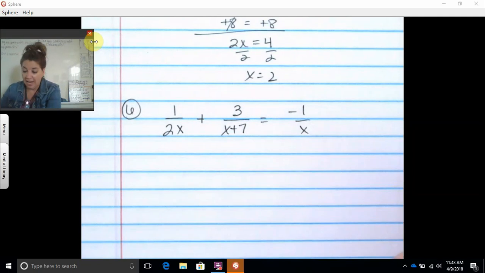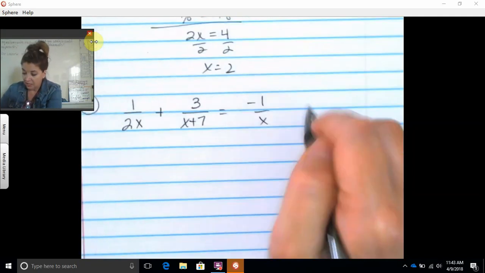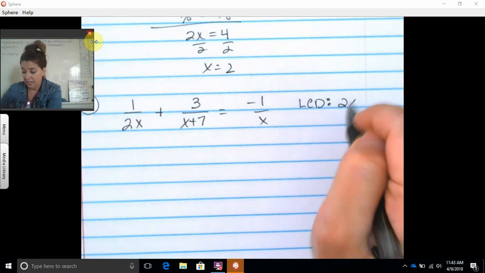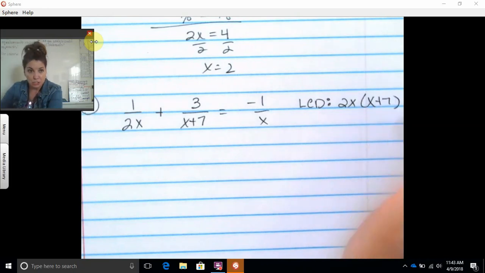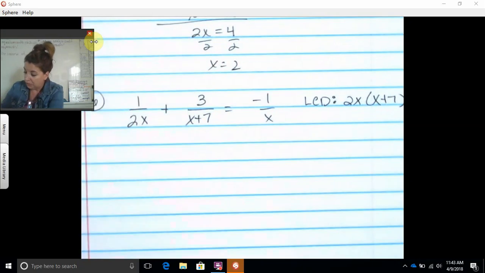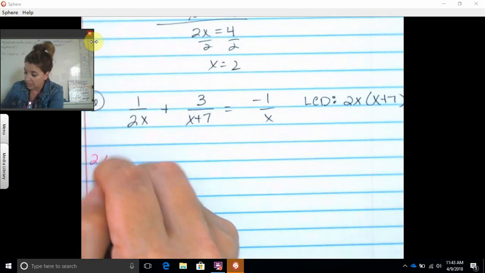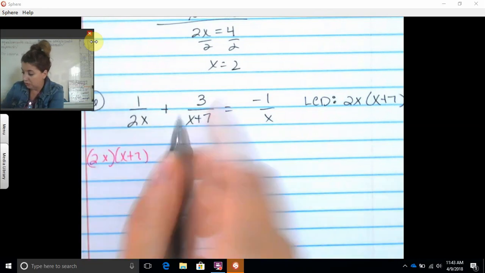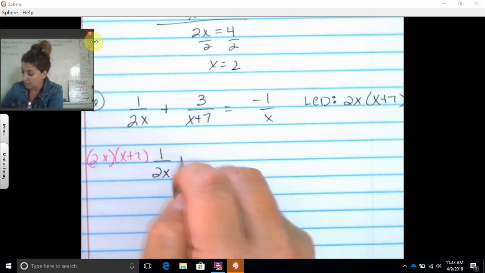Okay, we said in class what the least common denominator was. And it was 2x and x plus 7. So we'll multiply every term by 2x and x plus 7. And by doing that, that will allow us to clear the fractions.